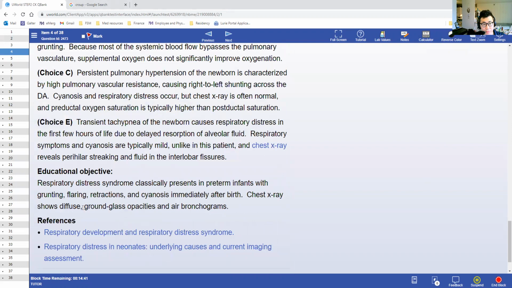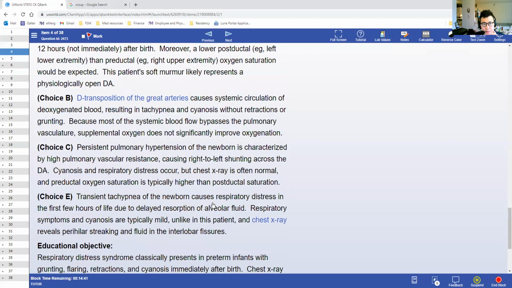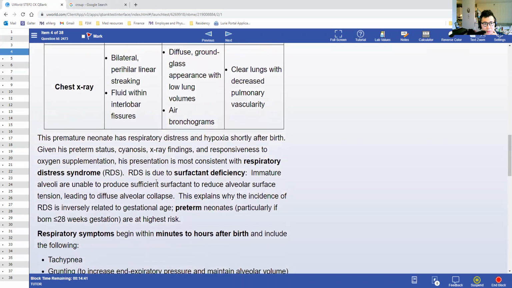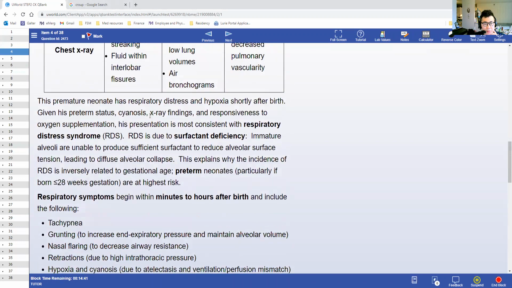Diffuse ground glass opacities and air bronchograms. Okay, so this typically means that there is fluid not in the bronchi, but in the alveoli only. Not sure what it has to do with anything here, though.